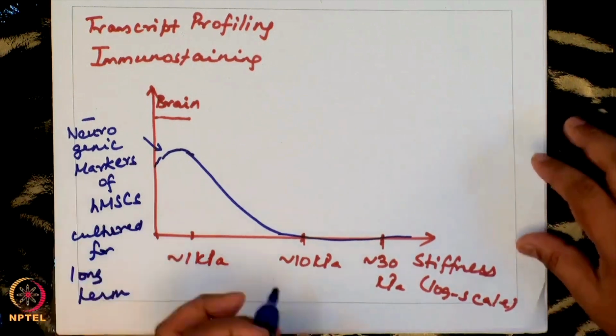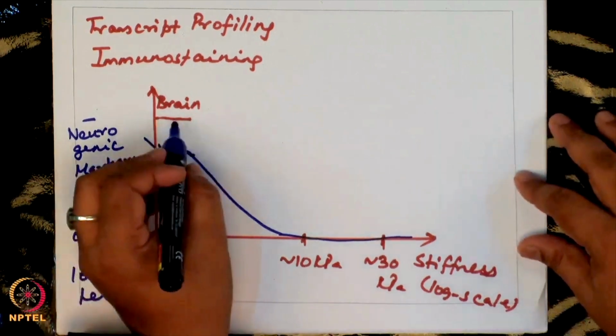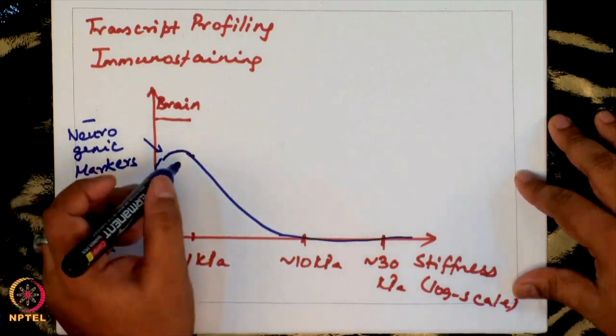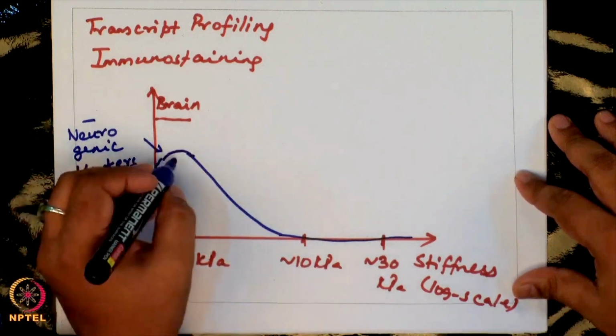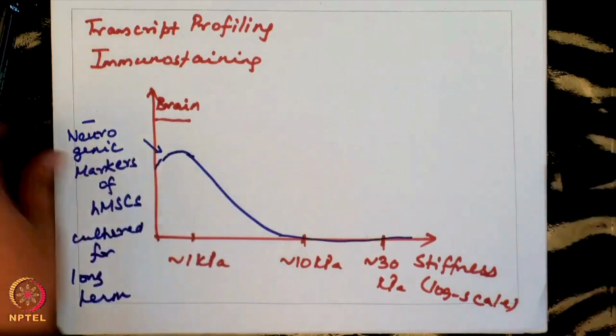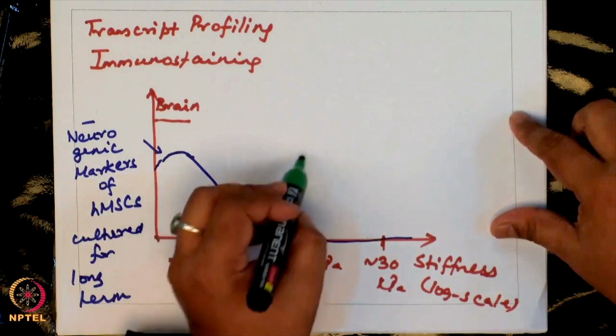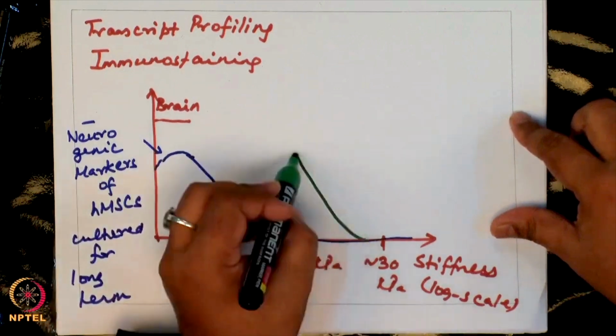Okay. So, what you find was on substrates which mimic the brain tissue, the HMSCs tend to overexpress neurogenic markers. On substrates which mimic the muscle tissue stiffness, okay, you have a corresponding peak.